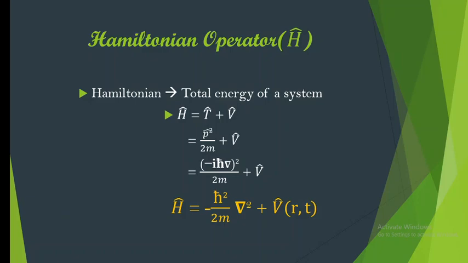So this is linear momentum. Classically we say P is equal to m into v. Then energy: we can state it as h into nu. Here in quantum mechanics it is i h cross dou by dou t in operator form. Then the Hamiltonian operator is nothing but minus h cross square by 2m del square plus V of r comma t.